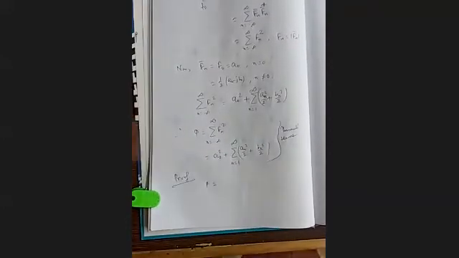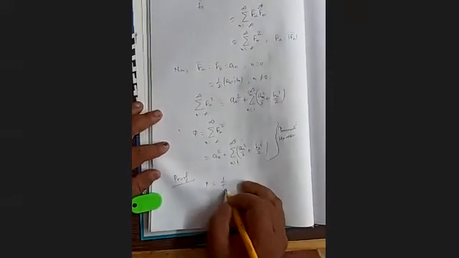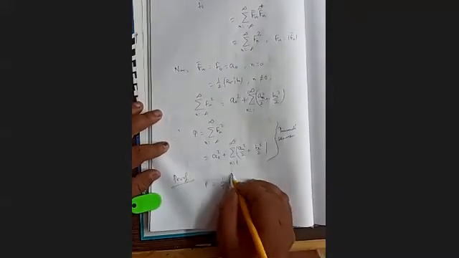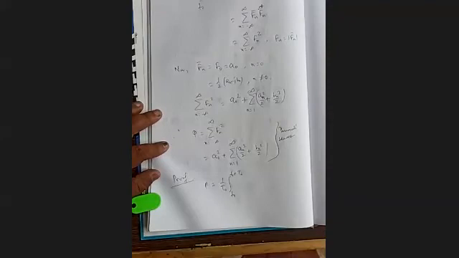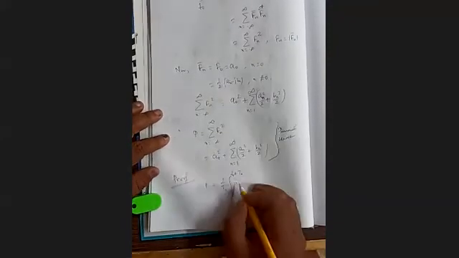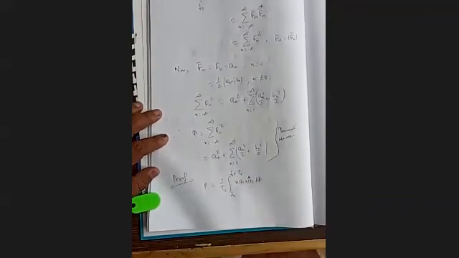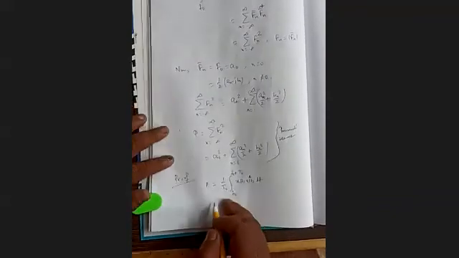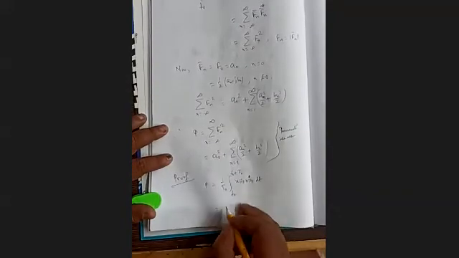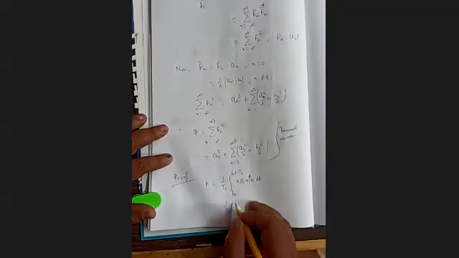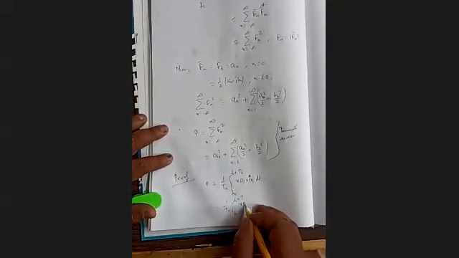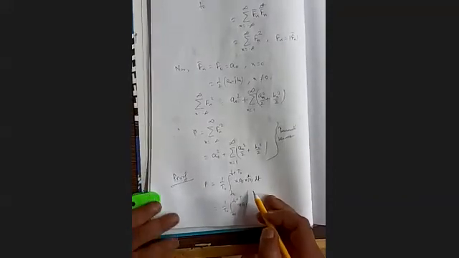Now, P equal to 1 by T0, its power, its expression is something like x(t) into x(t) star dt. Now what is x(t)?